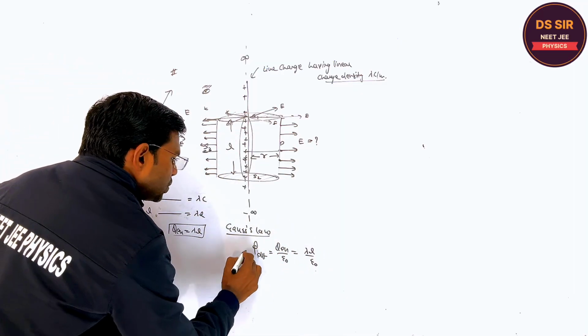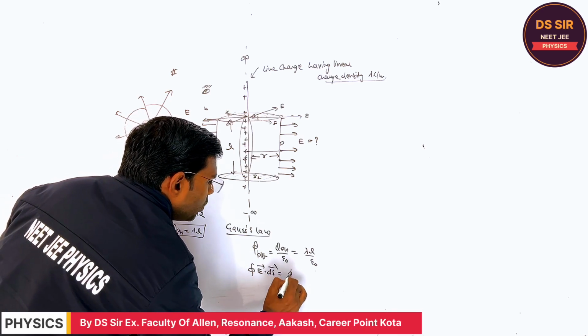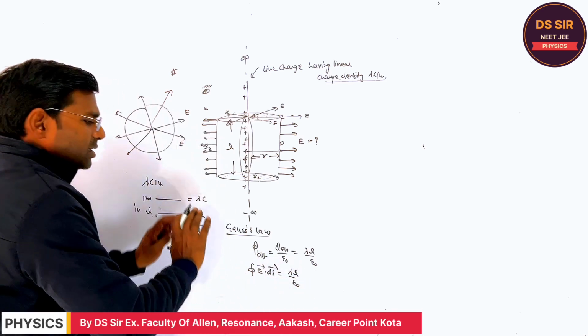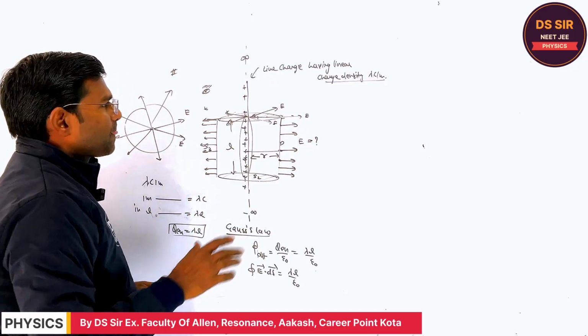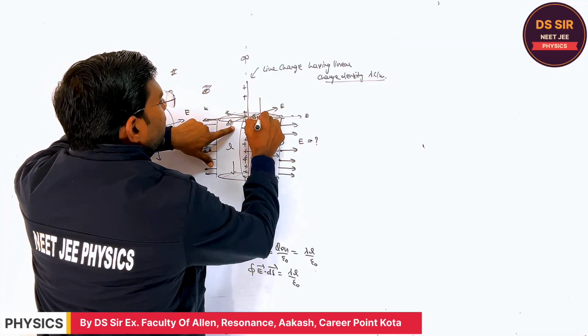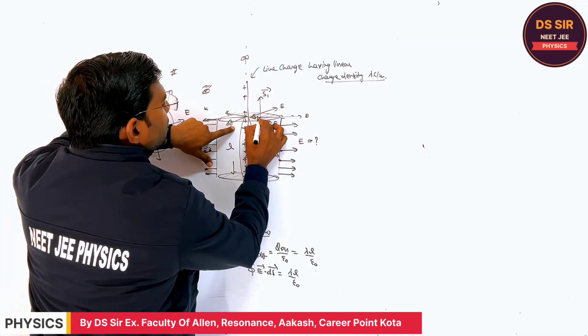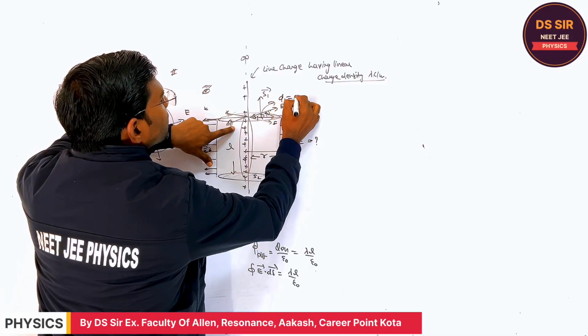Now what is the outward flux? The closed integral of E dot ds is equal to lambda L upon epsilon naught. This is the flux linked with this closed Gaussian surface. But if you consider the surface S1, the area vector is in this direction, the electric field is like this. So what is the flux linked with this surface?